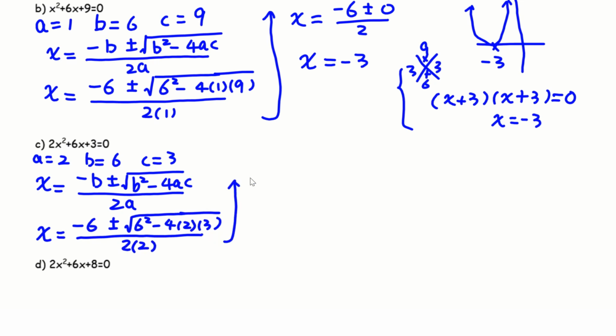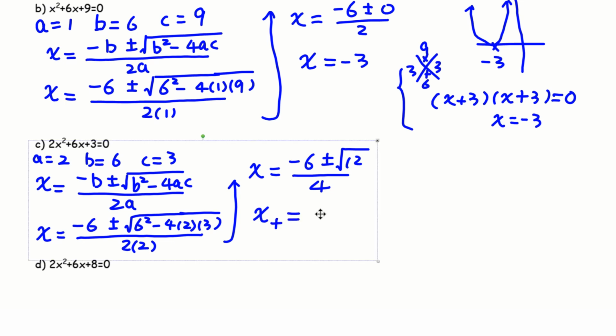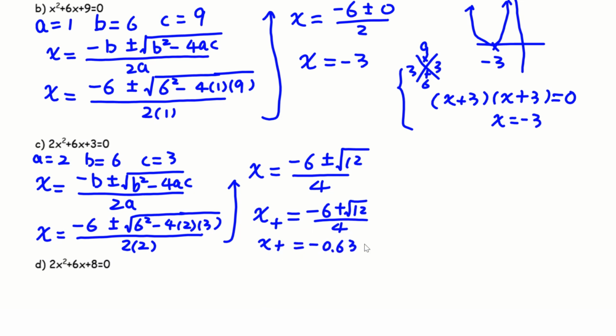Then use your calculator to find out what is under the square root is 12, then divide by 4. Then you could use your calculator to find the plus sign. You have negative 6 plus square root 12 over 4, then x plus equals negative 0.63.